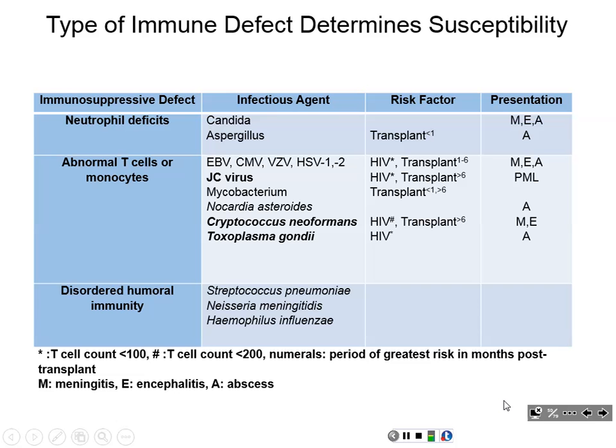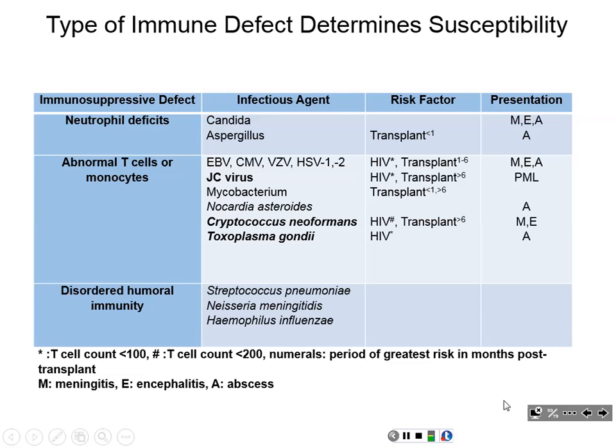Well, we just said immune-competent patients have these, so what's going to be the difference? Your immune-suppressed patients are going to present with more severe symptoms and maybe some more weird symptoms that you don't normally see in an immune-competent patient.